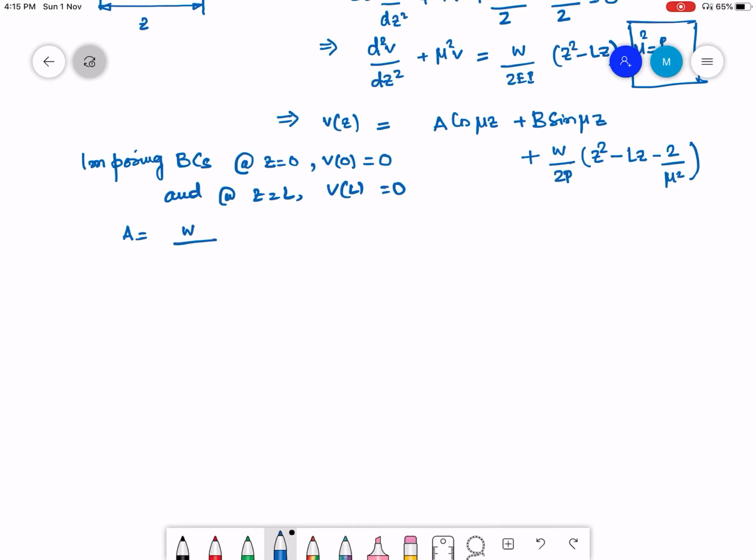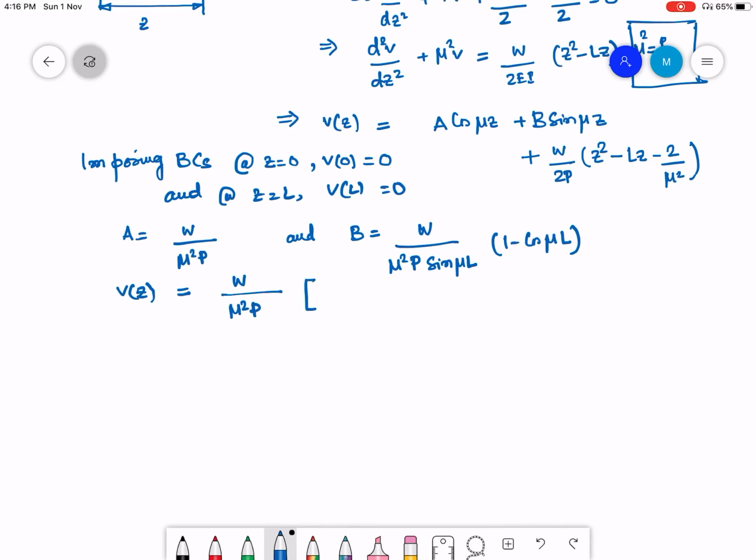So a is going to be w by mu square p, and b is going to be w by mu square p sin mu L into 1 minus cos mu L. Okay, therefore the entire solution Vz can be written as w by mu square p into cos mu z plus 1 minus cos mu L by sin mu L sin mu z minus 1 minus w z by 2p (L minus z).